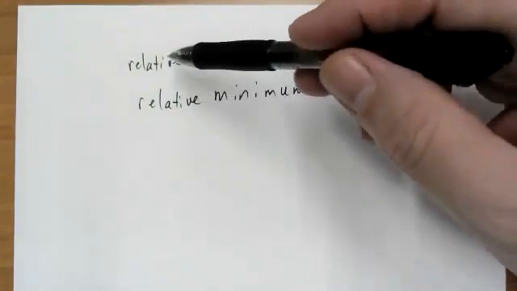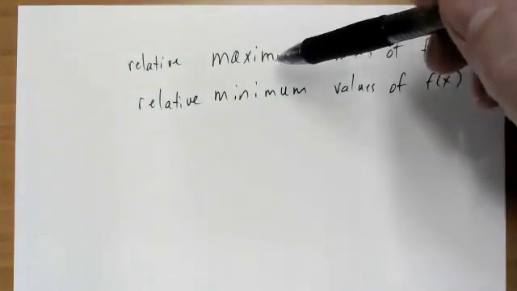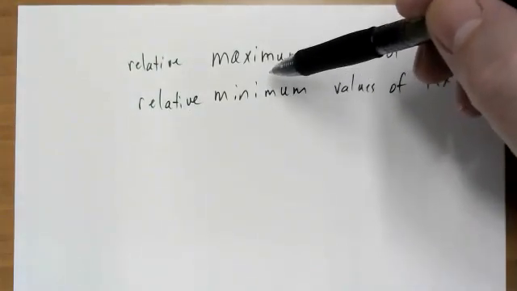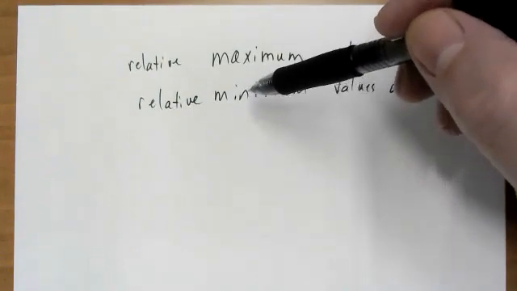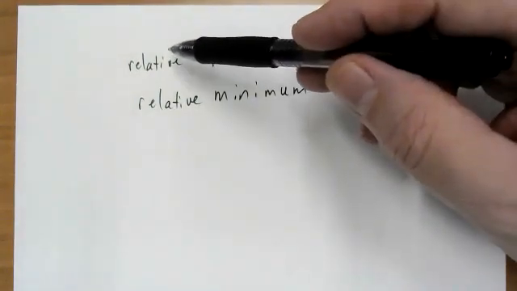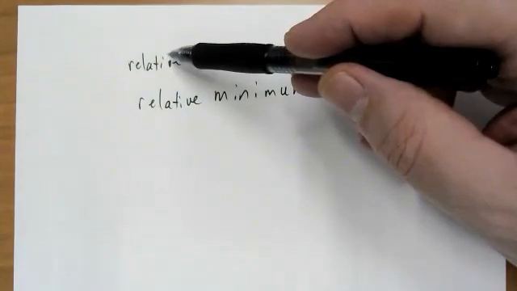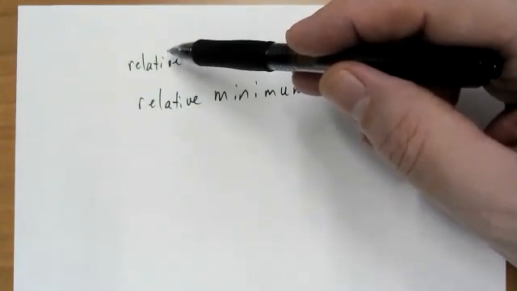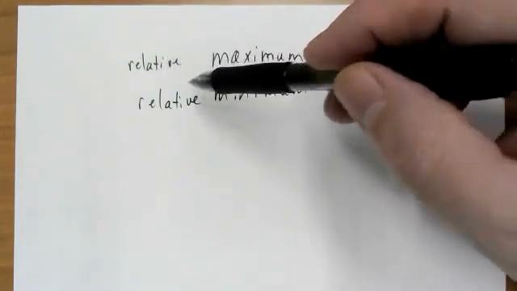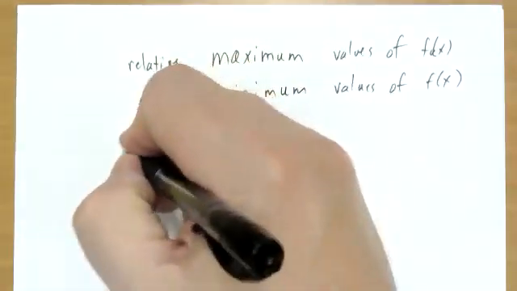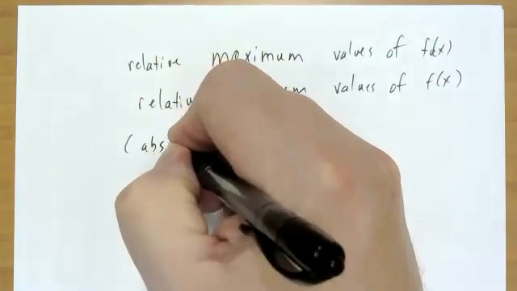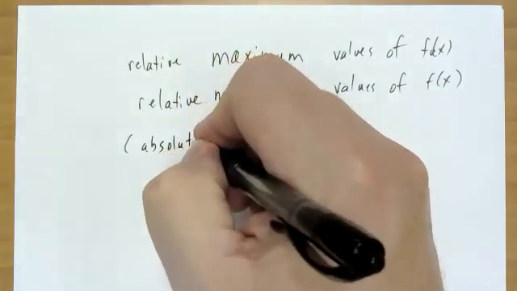I'm not going to use these words very much because in the context of what we're doing, when I say maximum, minimum, it'll be very clear. But in the technical sense, we're looking at relative maximums and relative minimums, because there are other kinds of maximums and minimums, and we will look at these in calculus.